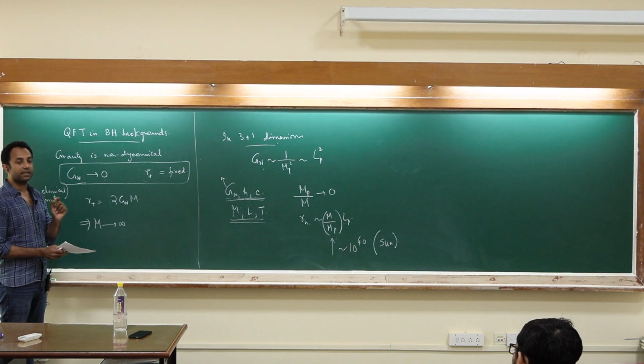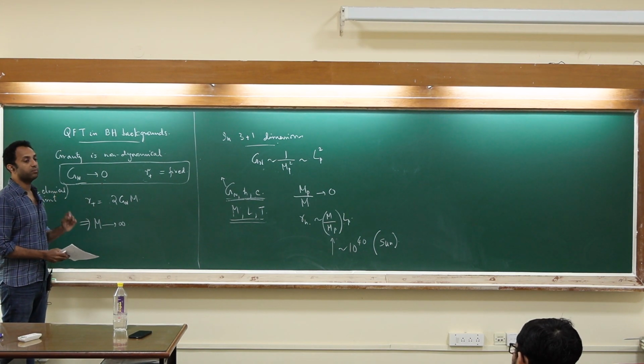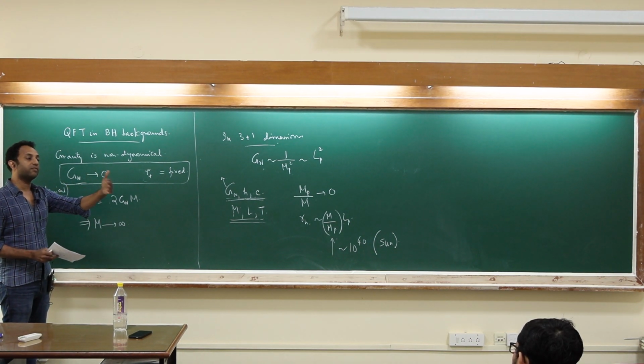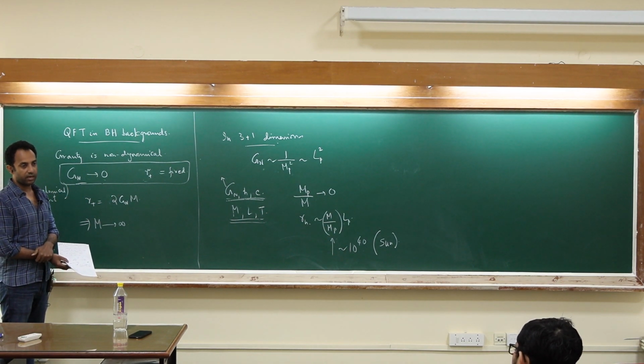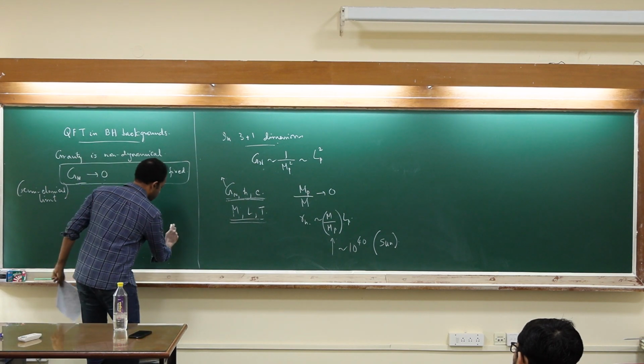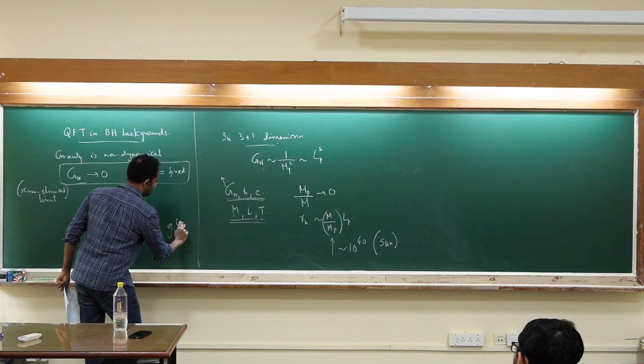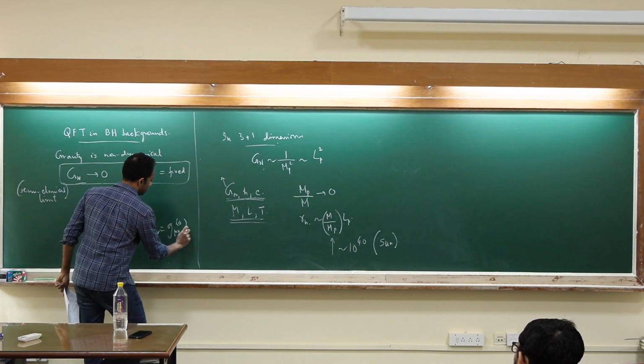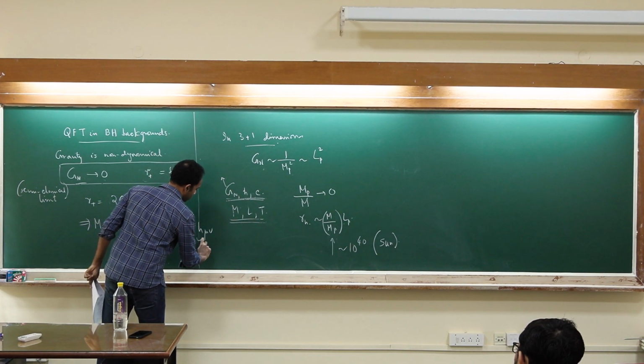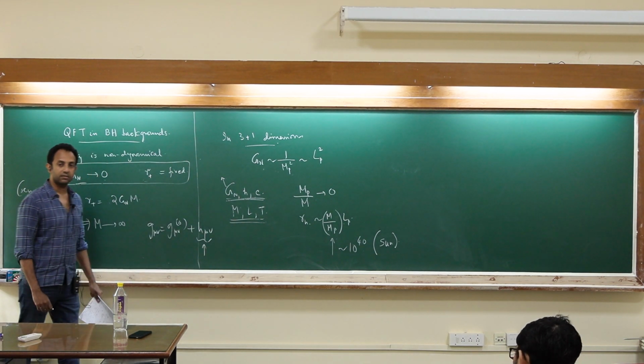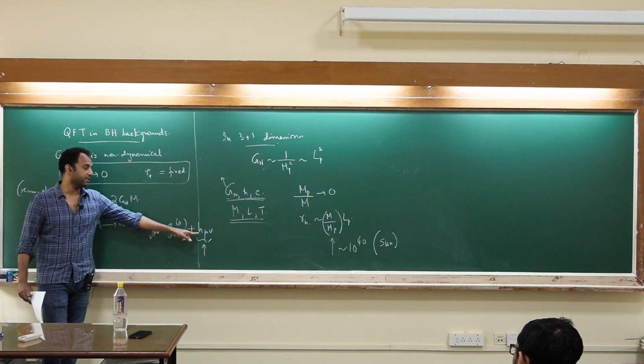There is one slight subtlety to that statement: what I'm actually treating as the extra fields in the background are also the metric fluctuations. If you have some fixed background, let's say g_mu nu 0, then this is also part of the quantum fields in the geometry. This is what I'm holding fixed, and this is my perturbation.